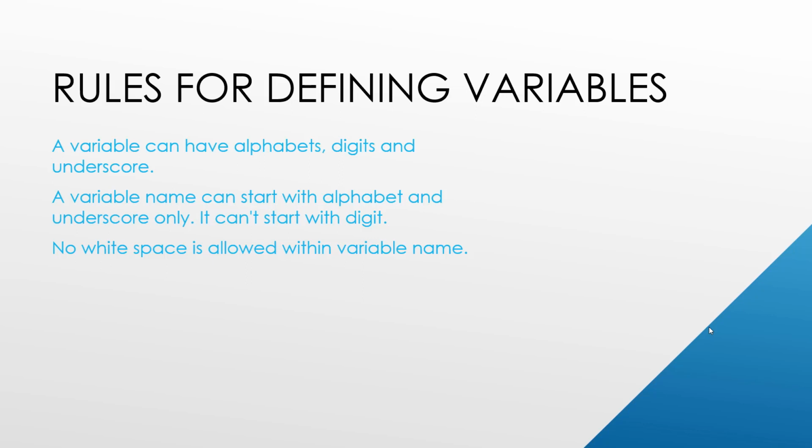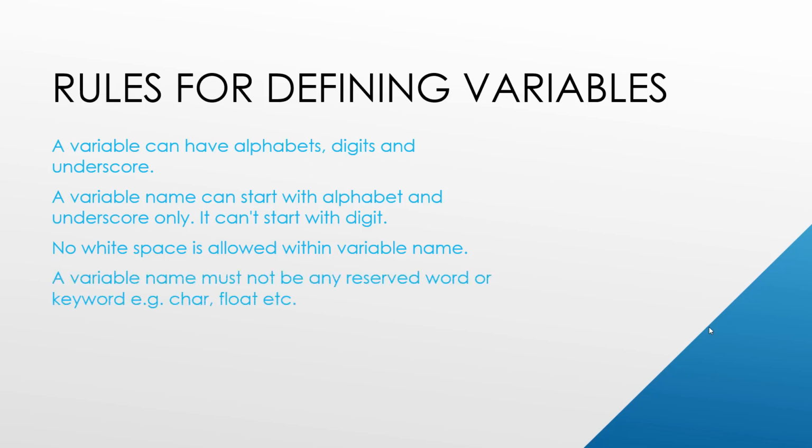We have to write KumarHers. We don't have to add any space between these. A variable name must not be a reserved word or keyword, like char, float, as you saw in the data types. We can't use the class keyword because it's a reserved word.